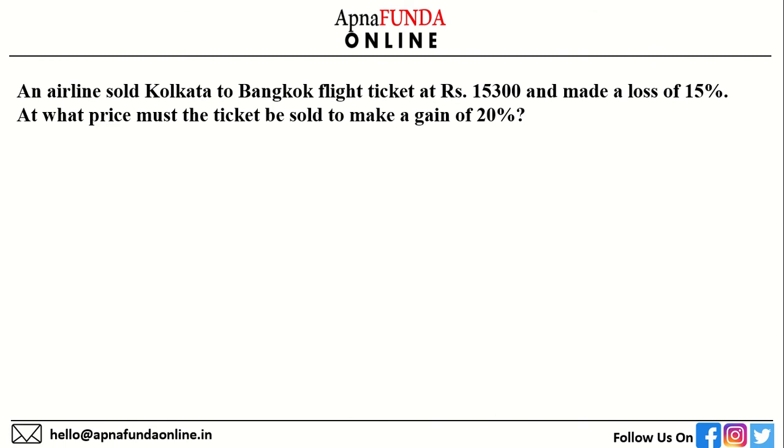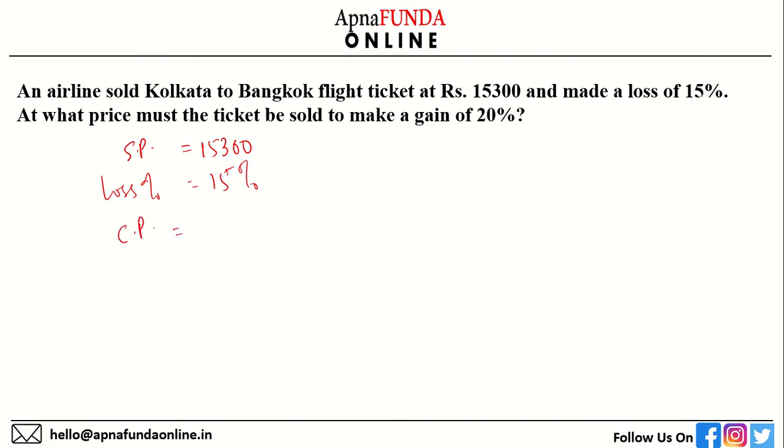Next question. An airline sold Kolkata to Bangkok flight ticket at rupees 15,300 and made a loss of 15%. At what price must the ticket be sold to make a gain of 20%? So what we know, the selling price of the ticket is 15,300. There is a loss of 15% on this transaction.